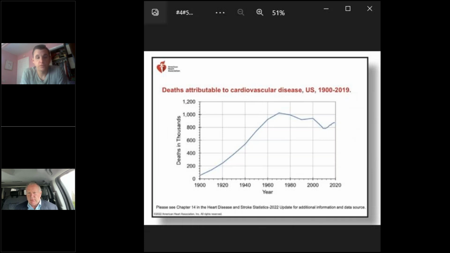And Travis, you see the screen right there, and you see the little blip at the end. That little blip at the end of the graph, where it starts to go back up, coincides perfectly with the opioid crisis. These are cardiovascular deaths going all the way back to 1900. And as you can see, as America grew, particularly as smoking grew, the cardiovascular deaths went up and up.